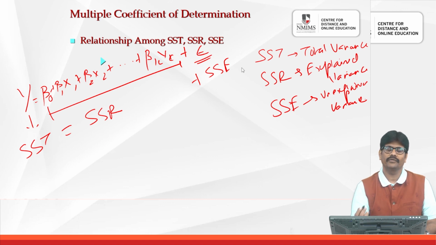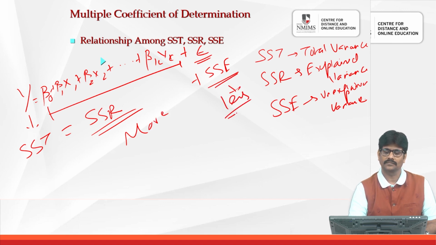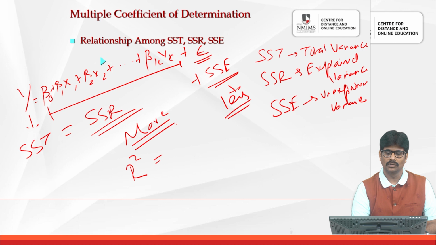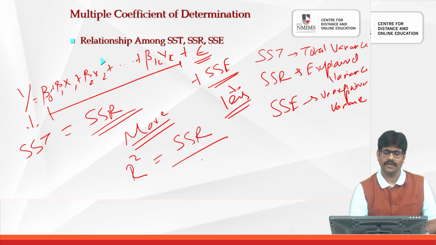Now what do we want? We want the sum of squares of regression to be more and the sum of squares of error to be less. That is accounted for by R square, which is the sum of squares of regression, the explained variance, divided by the total variance. So, higher is better.